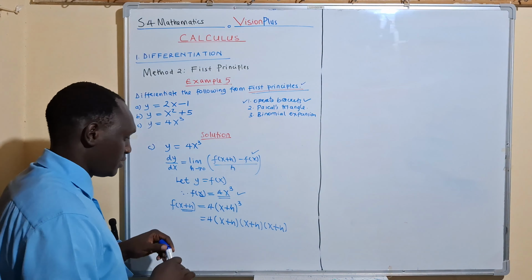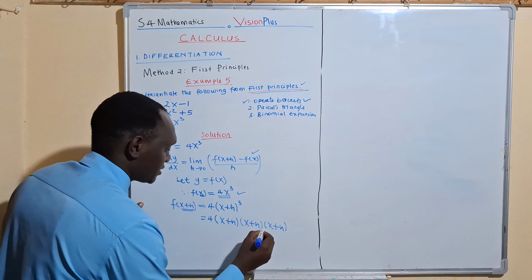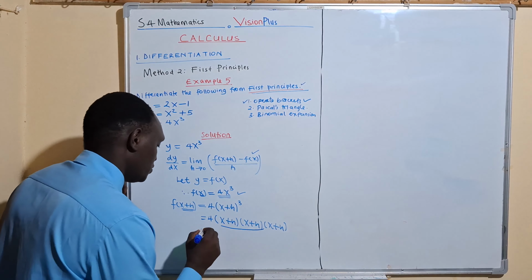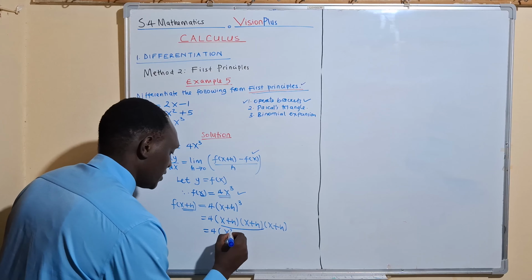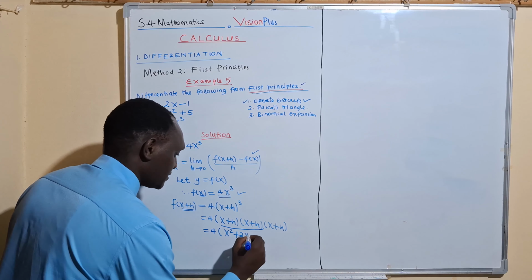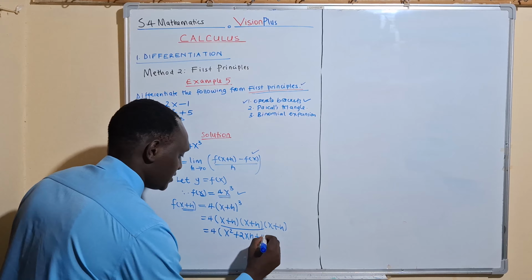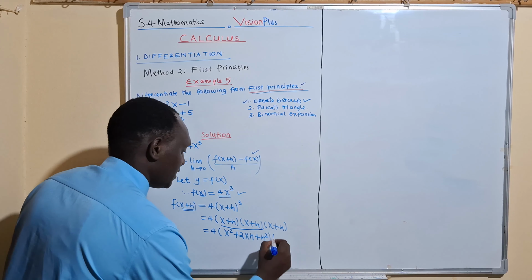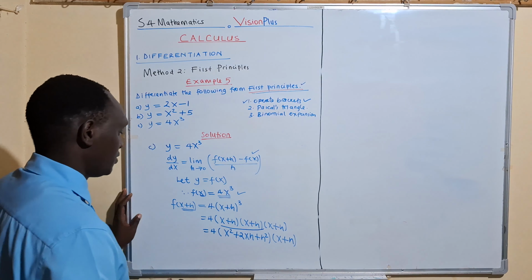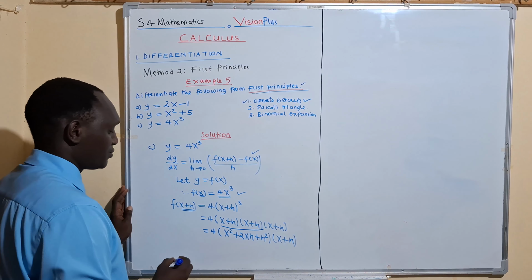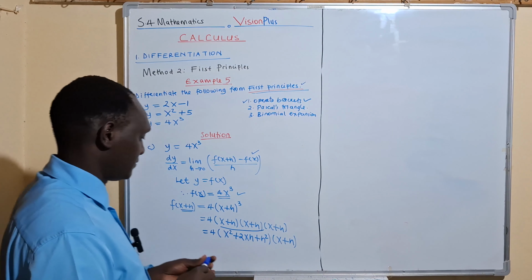So let me first expand the first 2 brackets. So here we have 4 into x squared plus 2xh plus h squared, and then times x plus h. So now we are going to multiply it again.